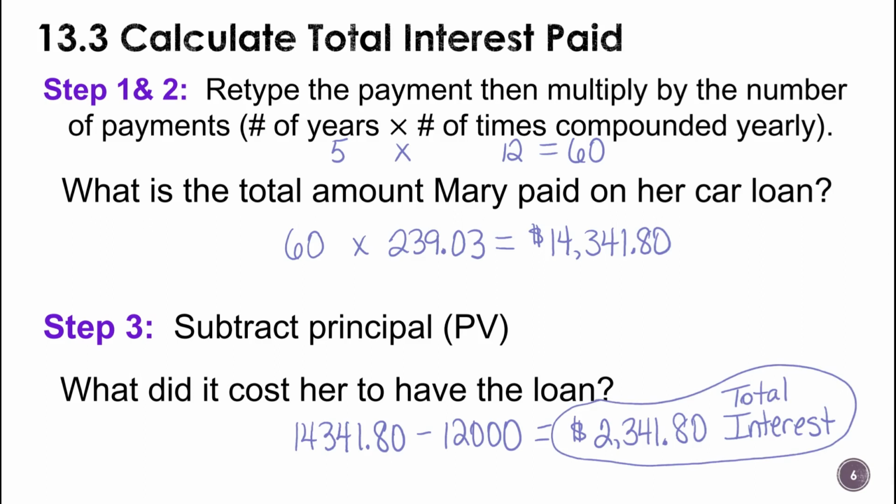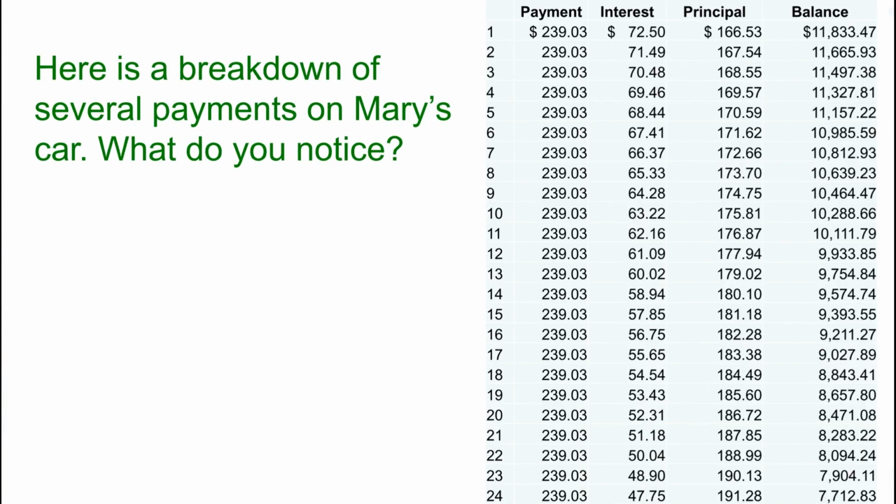And then we're going to look at a breakdown of several payments that Mary made on her car. You're going to see the payment, interest, principal, balance. Of course, the balance is decreasing. What I'd like you to look at is the column for interest, and notice it is decreasing.